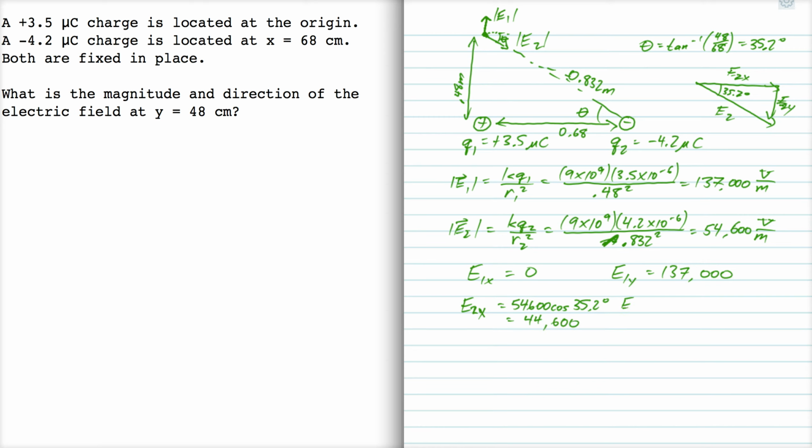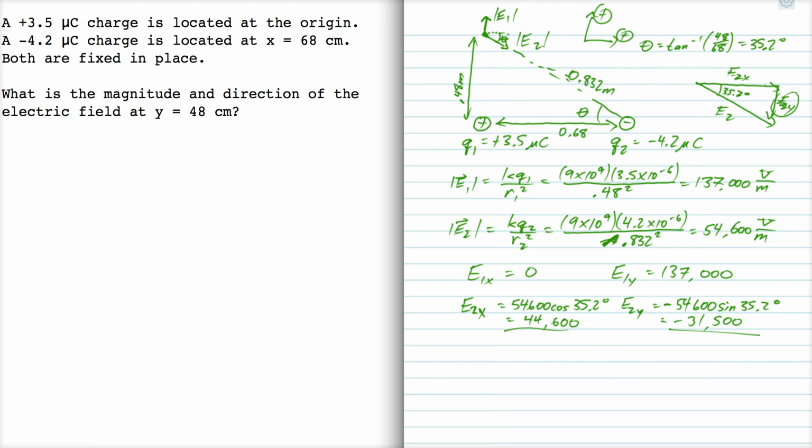And then the y component is going to be negative, because it points down. Our sign convention is the Cartesian sign convention, so since the y direction points down here, that's negative: negative 54,600 sine 35.2, which is negative 31,500.